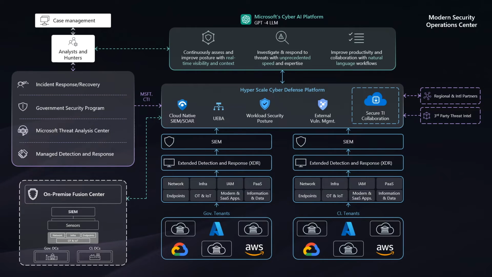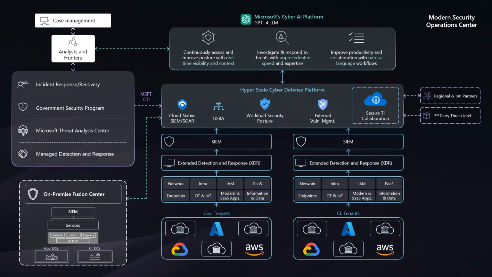But other than raw signaling, what you also want is context. And we provide that through the Microsoft Threat Analysis Center, which will give you the ability to say, here's a particular set of nation states or cyber criminals that are targeting your infrastructure, and these are the indicators of compromise that they're using today. And then lastly, you want to help alleviate some of the workload of your analysts and hunters.